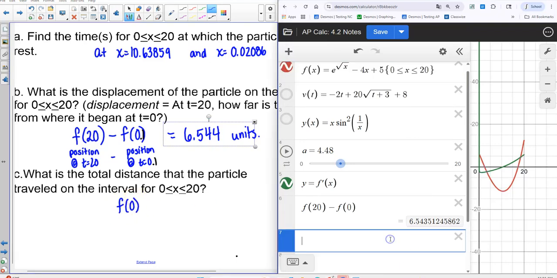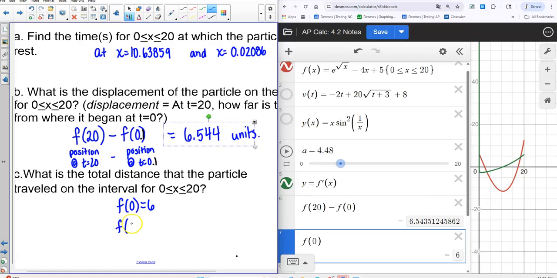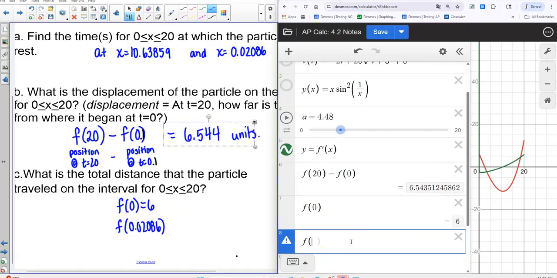Just type it in over here. f of 0 is 6. Right? That's where we start. And then we got this crazy little teeny 0.02086. So if I do f of 0.02086, then I got 6.0719.